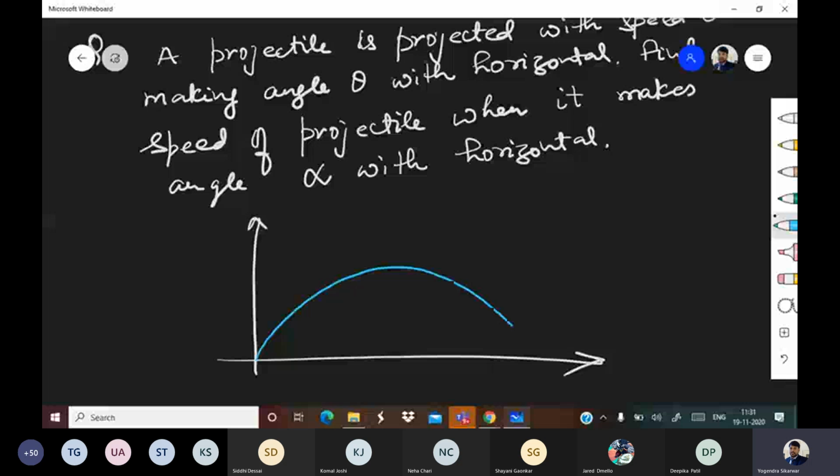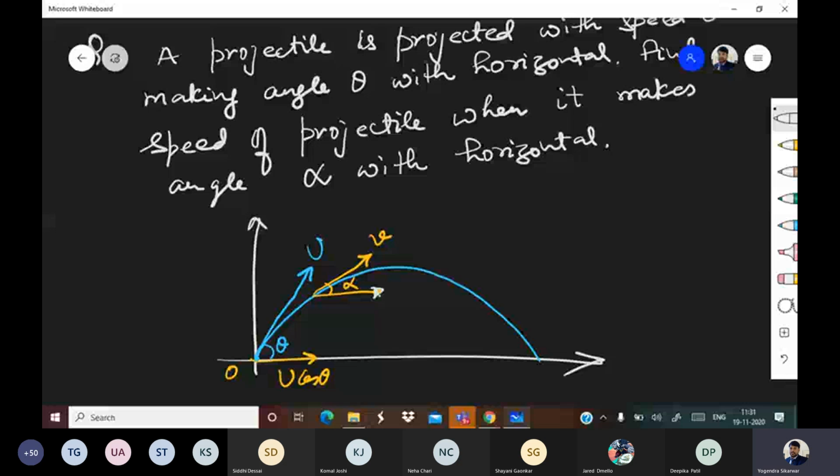When you projected, the angle was theta and speed was u. At some height, let's say the speed became v and the angle became alpha. How much is the horizontal velocity at the beginning at point O? It was u cos theta. How much will the horizontal velocity be at point P? It will be v cos alpha.